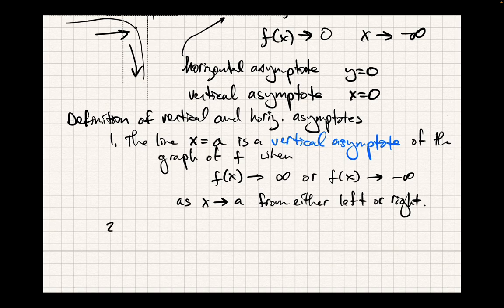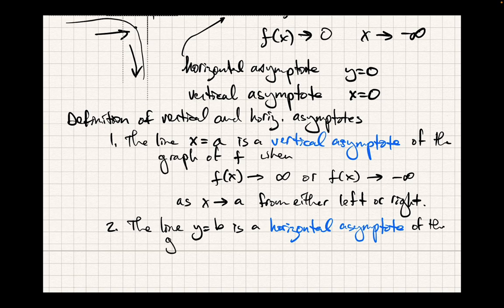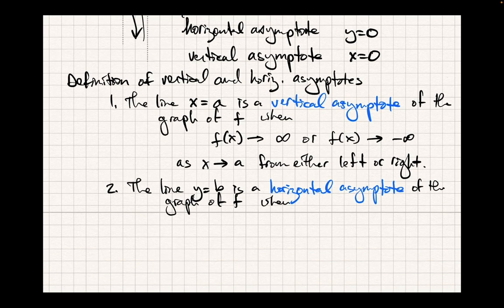Let's try to figure out what the definition of a horizontal asymptote should say. It should start with the line y equals, let's say b in this case, is a horizontal asymptote of the graph of f when x approaches infinity or x approaches negative infinity.